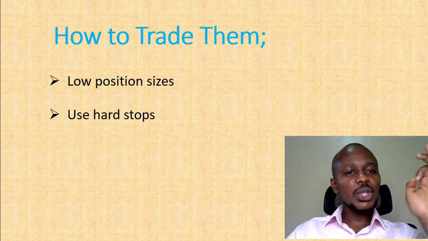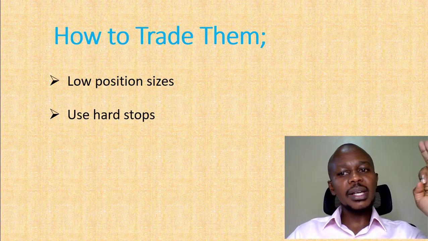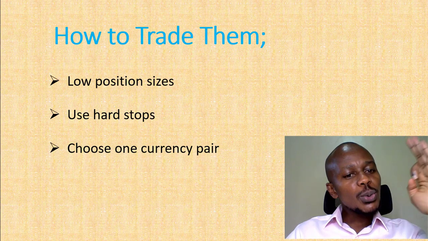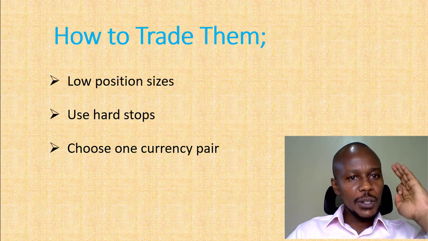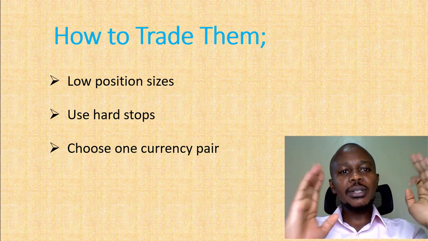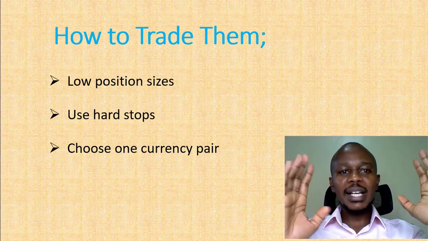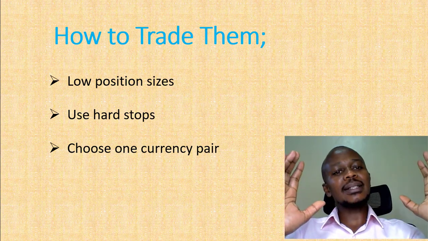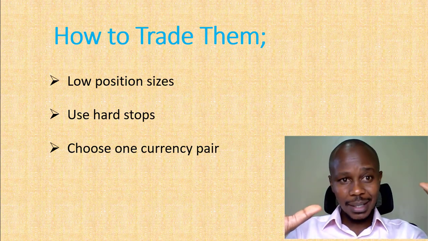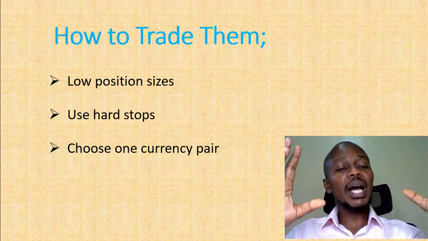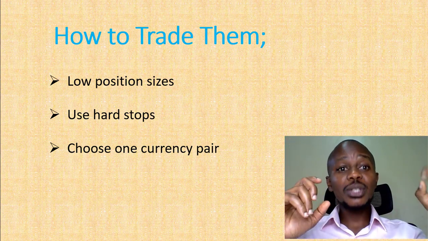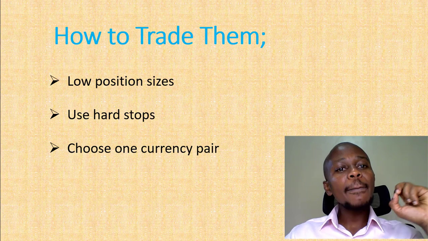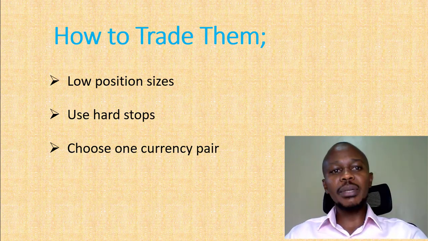And the other thing you need to look at as a strategy is that always choose one currency pair for your trading. Don't find yourself trading more than one currency pair which is volatile. Otherwise, you're increasing your risk and your emotions will be too high because, as I've said, you could see even movements of up to 100 pips within 5 minutes.